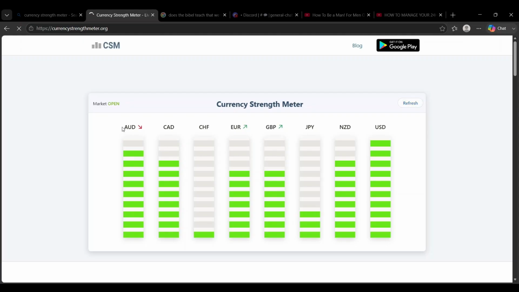looking at AUD, it has more bars than GBP. Let me refresh again. It has more bars than GBP because you see it has 1, 2, 3, 4, 5, 6, 7, 8 bars, and then GBP has 1, 2, 3, 4, 5, 6 bars.